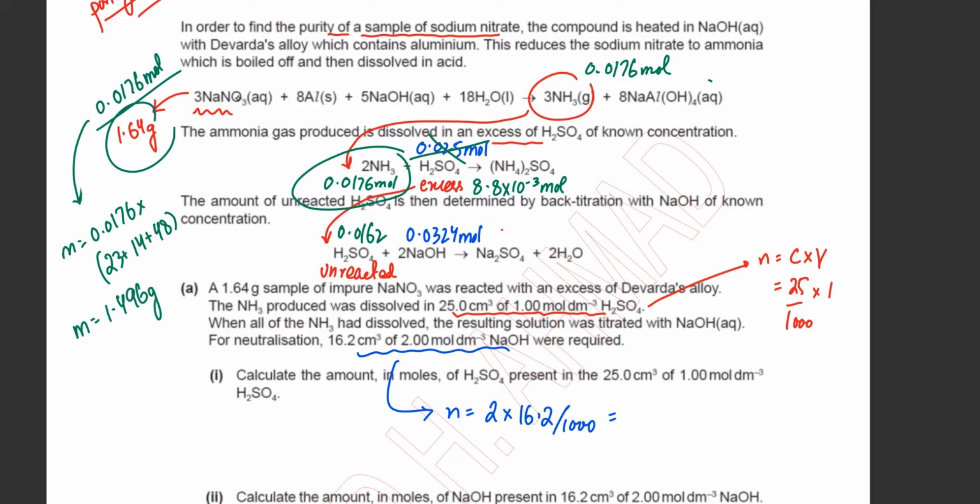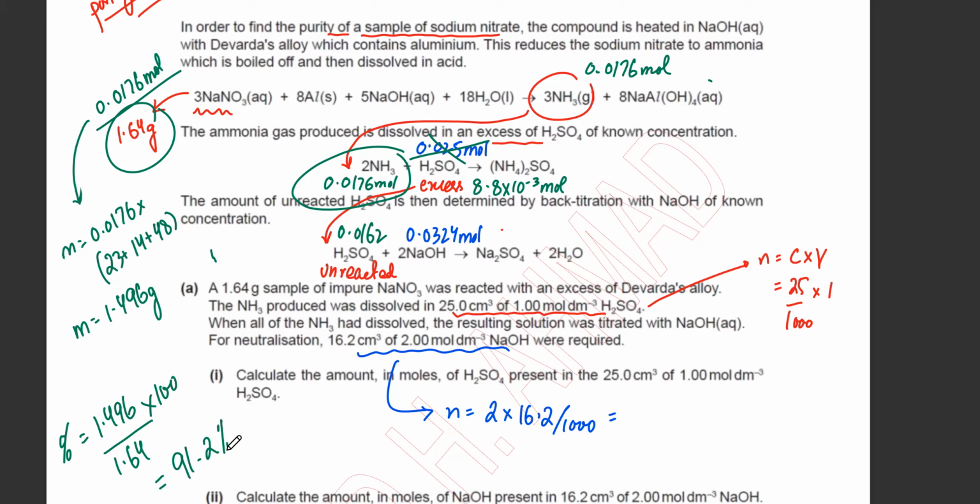The impure sample had a mass of 1.64 grams. So the purity is going to be 1.496 pure out of 1.64, times 100, and that will give you the percentage purity, which is 91.2.